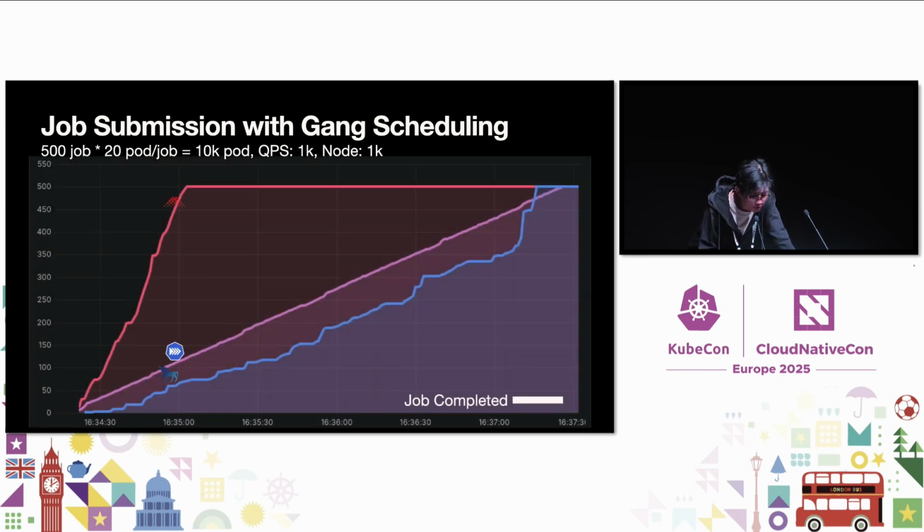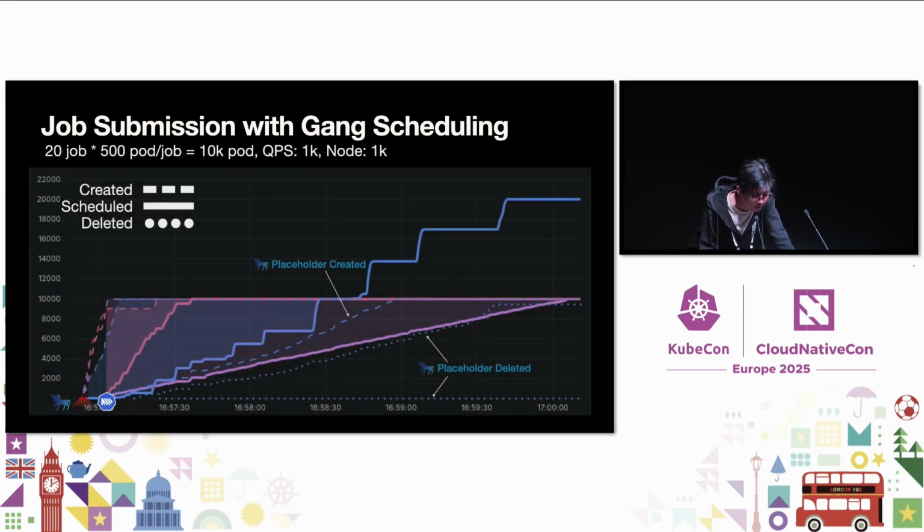The job completion shows the same result. I will skip the other 2 cases because when we reduce jobs to 20 and 1, the result is basically the same.